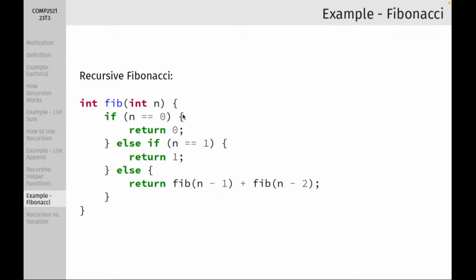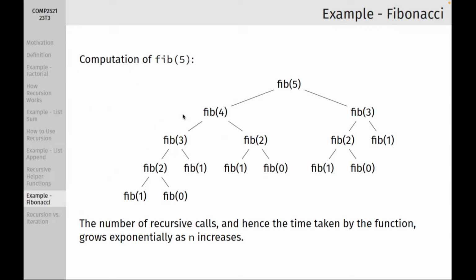If we try and draw up a tree of all the recursive calls that this function does, let's look at an example for fib 5. We can see that fib 5 calls fib 4 and fib 3. Then fib 4 calls fib 3 and fib 2, fib 3 calls fib 2 and fib 1, fib 2 calls fib 1 and fib 0, and so on.